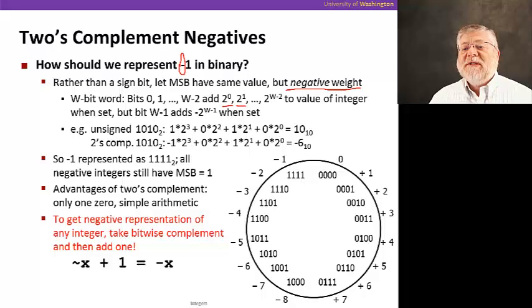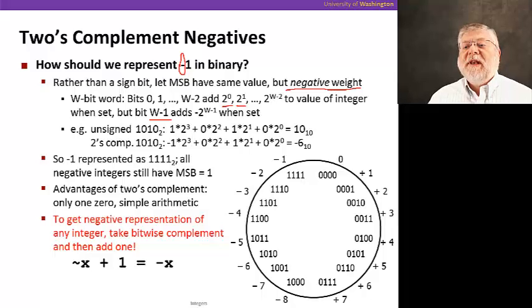But what we're going to do is have the most significant bit, represented as the W-1 bit, or in this case would correspond to that B7 we had in our previous slide when W is equal to 8, actually add a negative weight to the number.